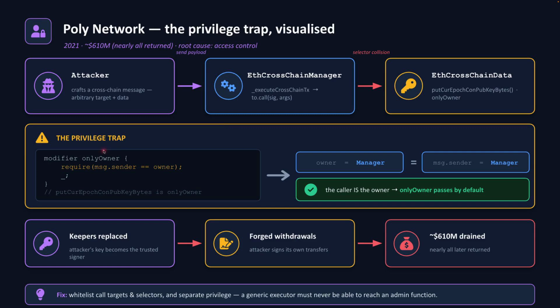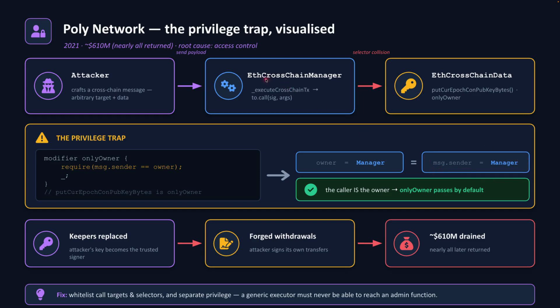What is the onlyOwner modifier? It checks that the caller is the owner which has been set in the smart contract storage. So this function putCurEpochConPubKeyBytes is onlyOwner. What happened? Owner is manager and msg.sender is manager, right?